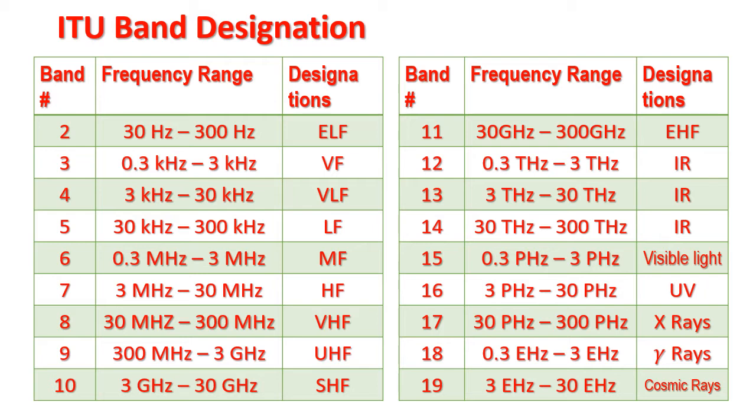After that, we are in the infrared. There are 3 bands for the infrared. After the infrared, we have the visible light. Next is the ultraviolet light. And then the X-rays, the gamma rays, and lastly, we have the cosmic rays.